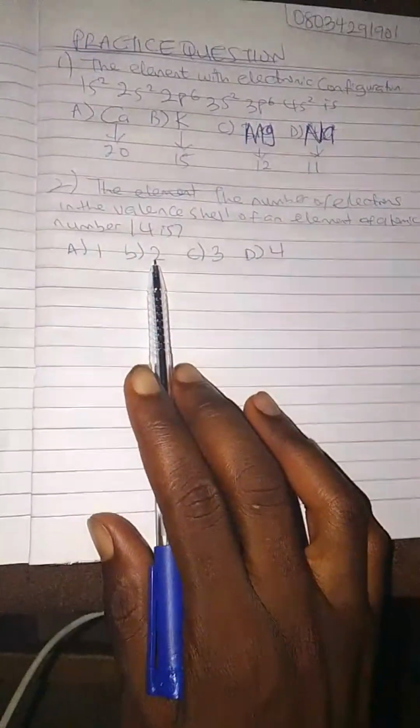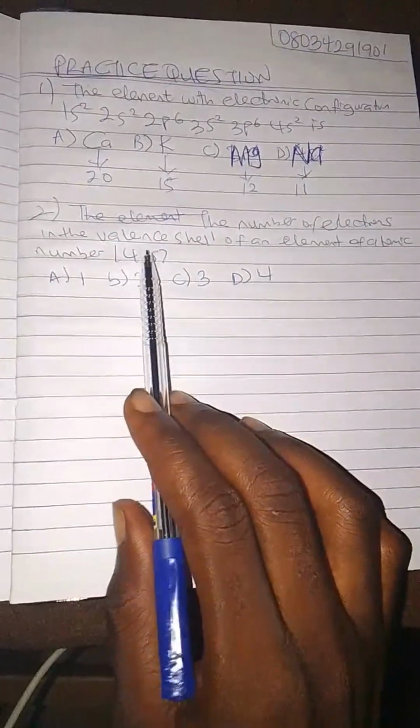So the first thing is to identify the element. The element with the atomic number 14 is silicon.